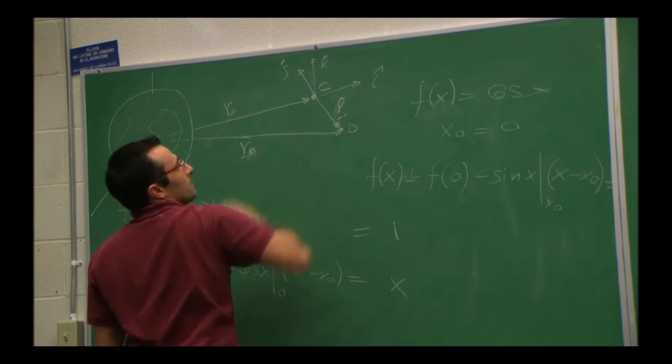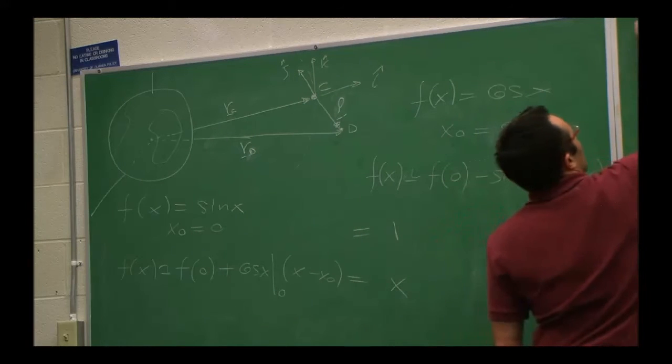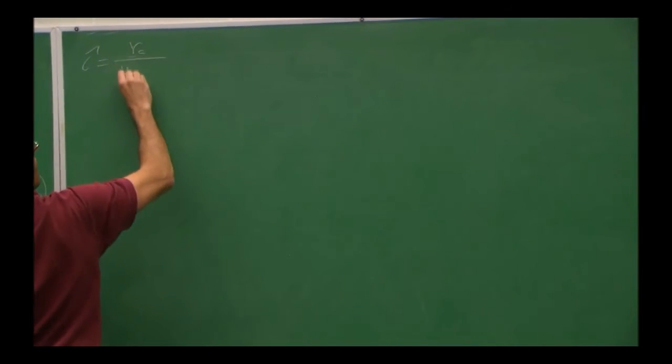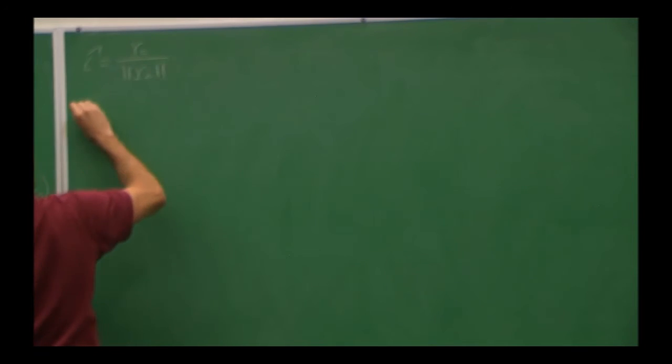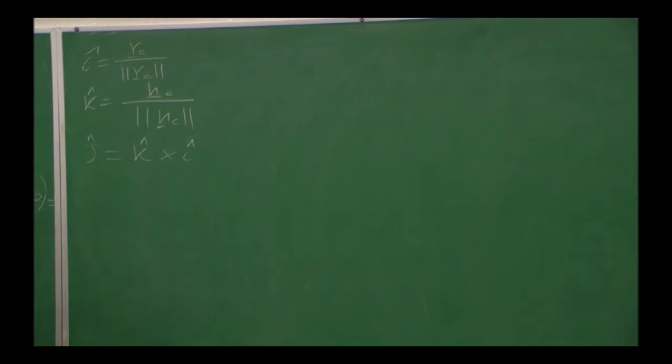This is J. So in other words, the LVLH has I as the radius of the chief normalized. Then K is the angular momentum of the chief normalized. Just refreshing what we had done last time. And J is K crossed with I, right? So I'm going to use that basis to project vectors. Why not?